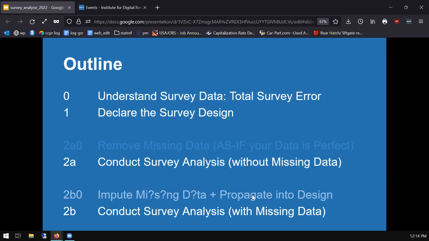Once we get a good understanding of total survey error, we'll show you how to tell R or Stata the survey design. With that set up, I kind of camouflaged this step where it's bad advice. Don't do it. Don't remove the missing data in your data set.